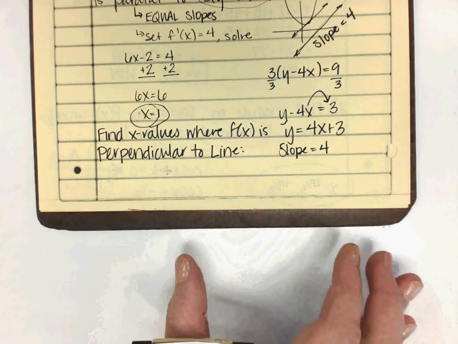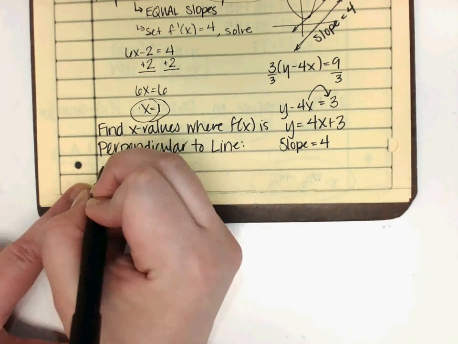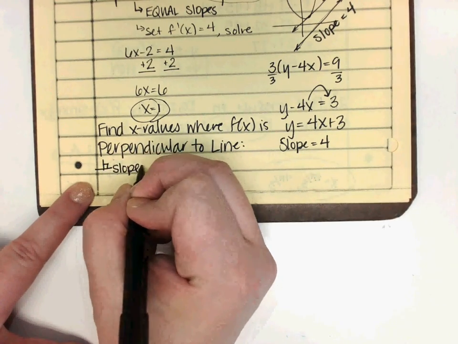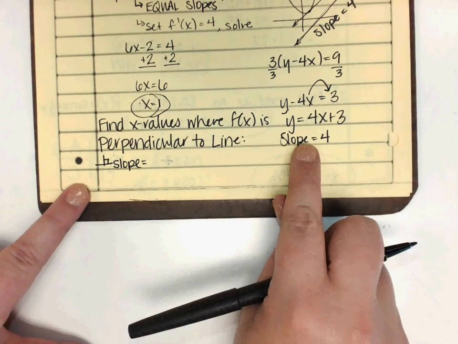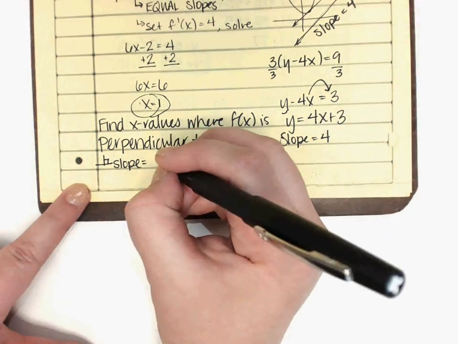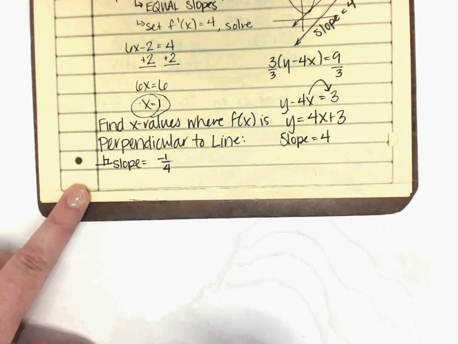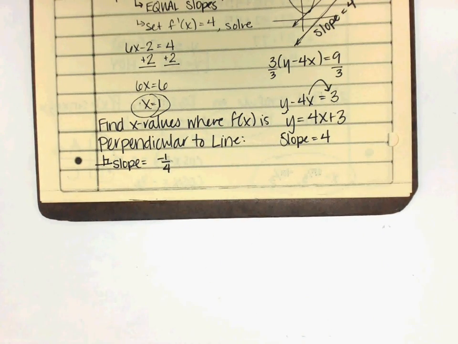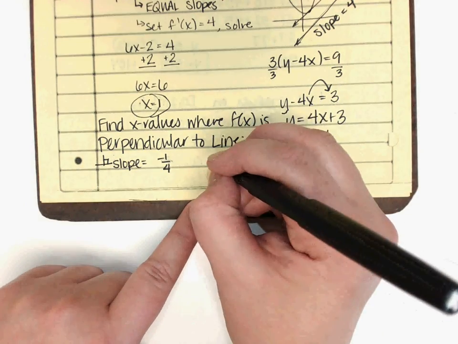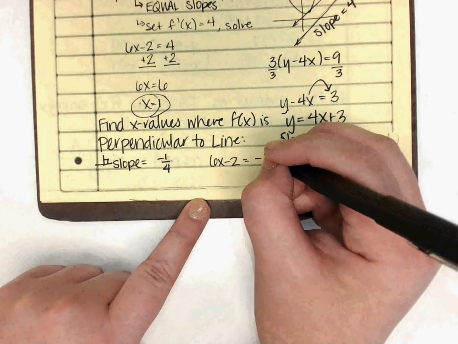Now I'm going to show you a notation, hopefully you remember. This means perpendicular slope. So if my original slope was 4, what is my perpendicular slope? Negative a fourth. And if I want to know when my slope equals that, I'm going to take my derivative, set it equal to that. So I'm going to let my 6x minus 2 be equal to negative a fourth.